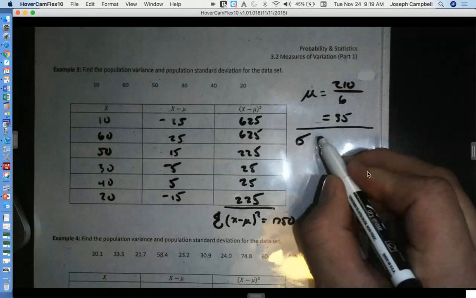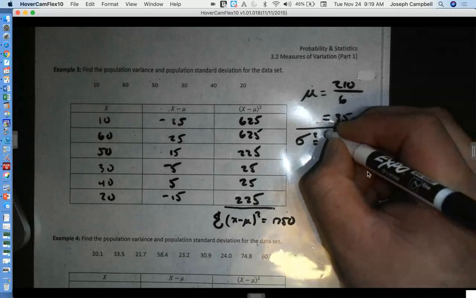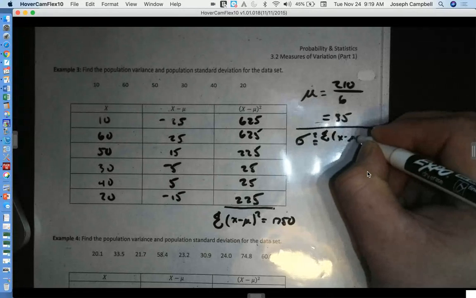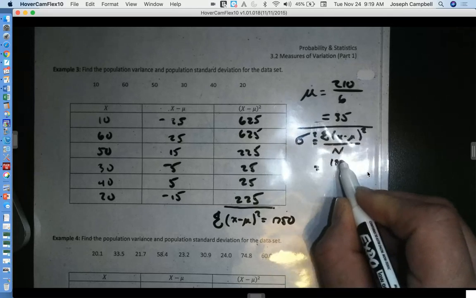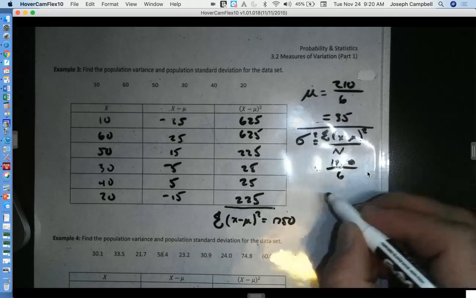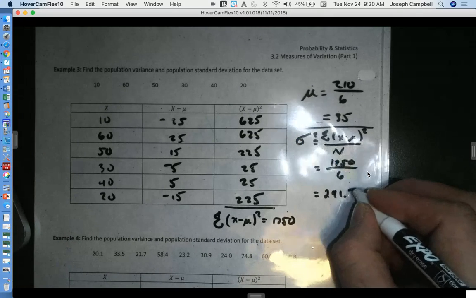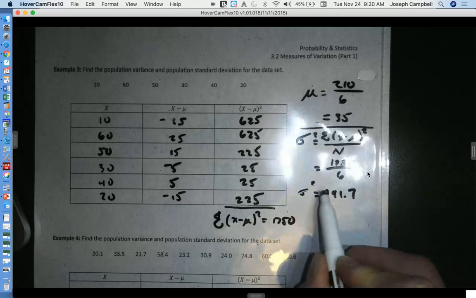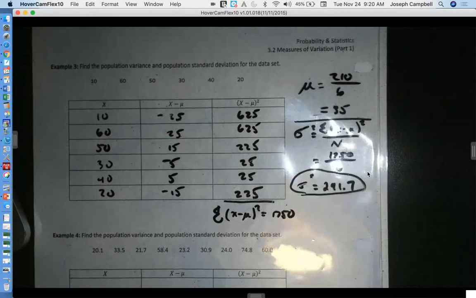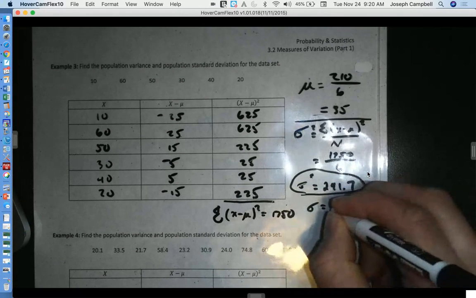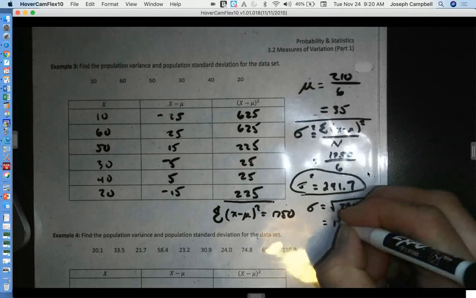So population variance is equal to 1750 divided by 6. Turns out to be 291.7. And that's the variance. And if I want standard deviation, all I have to do is square root that. So the standard deviation is equal to the square root of 291.7, which turns out to be 17.1.